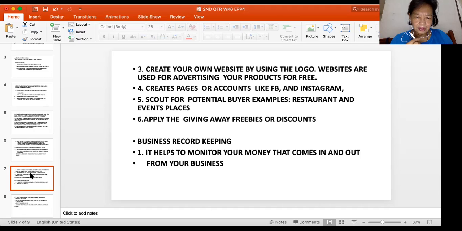Number six, apply giving away freebies or discounts. So there will be months when these are the flowers or ornamental plants that we're going to sell or lower the prices of on this month.